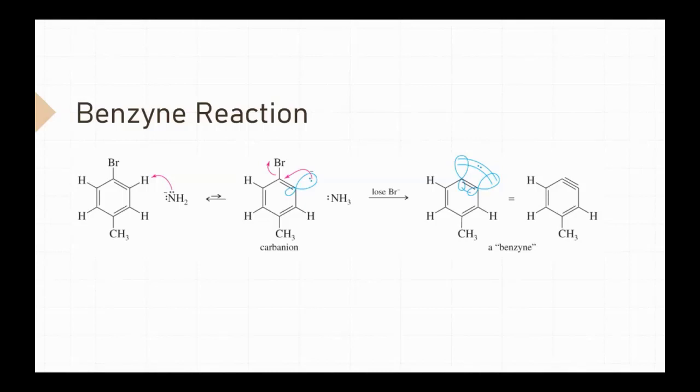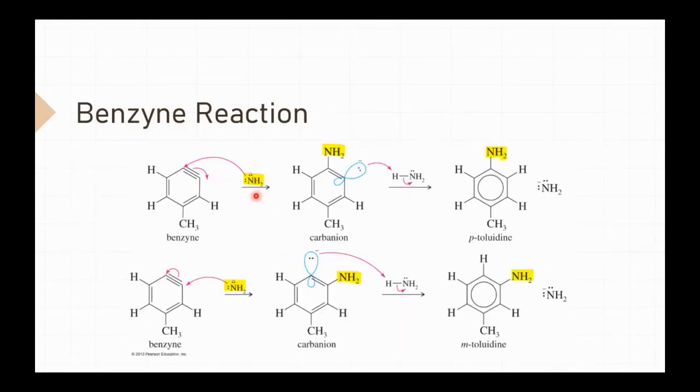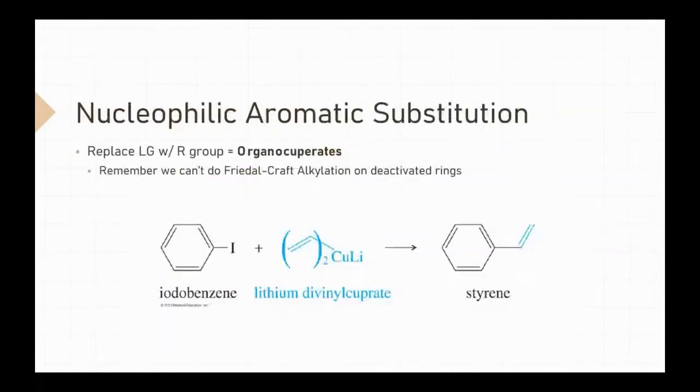And what's going to happen is that NH2 will add on to either one. They're equally likely to attach on either side because it's just an alkyne. So you'll have your NH2 either on the left side or the right side.